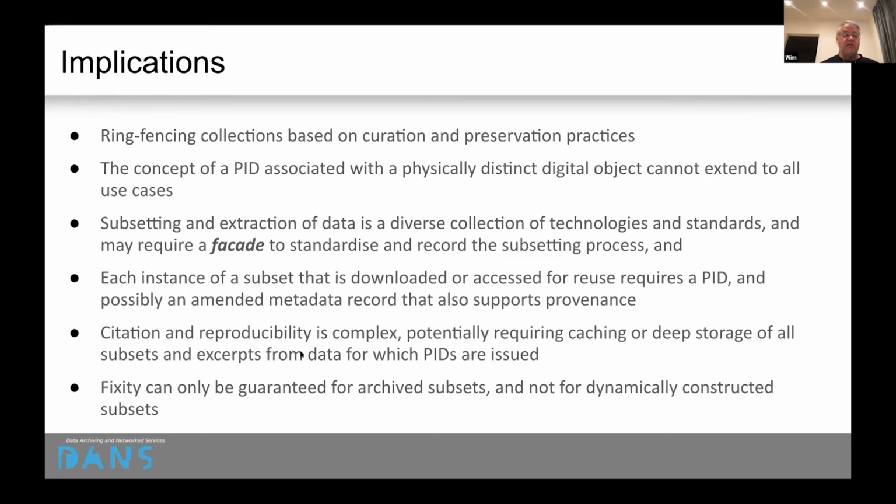And then I think the biggest one for me is second from the bottom, where citation and reproducibility is complex. The recommendations from the RDA require us to cache or to store these subsets, because that's the only way in which they can be retrieved with certainty with the same checksum as whatever has been cited by the researcher.